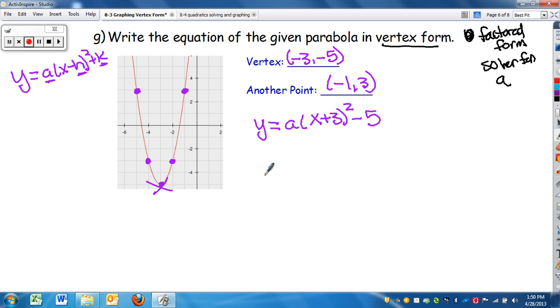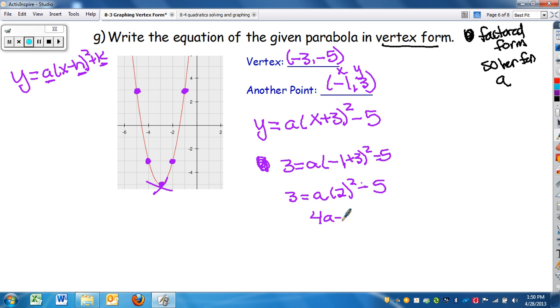All right, so I'm going to use -1, 3. So instead of x, y, we're going to have 3 equals a(-1 plus 3) squared minus 5. Order of operations, parentheses first, so that's 2 squared minus 5. 2 squared is 4, so I have 4a minus 5 equals 3.